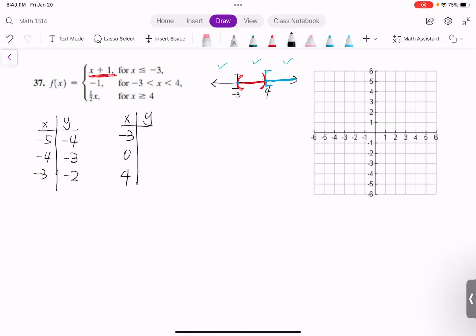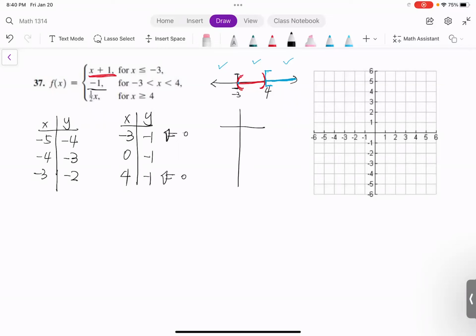If x equals -3, y is -1. X equals 0, y is still -1. X equals 4, y is -1. Remember, you can make some mark here. These 2 points are open circles. You can put a word or you can put an open circle there.